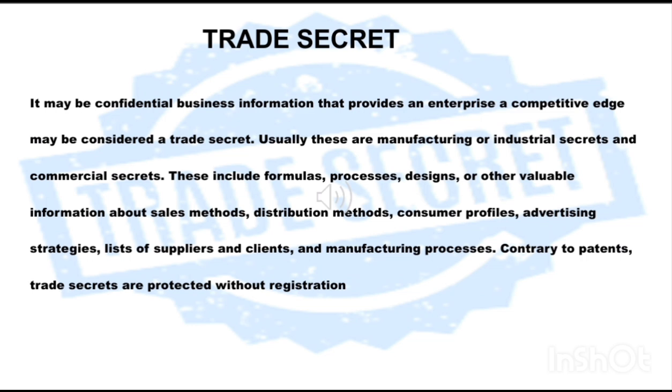Usually they are manufacturing or industrial secrets or sometimes commercial secrets, which may include formula, processes, designs or other valuable information about sales method, distribution method, consumer profile, advertising strategies, list of suppliers and clients, and manufacture process. This is contrary to patent, as trade secrets are protected without any registration, as we saw in patent.